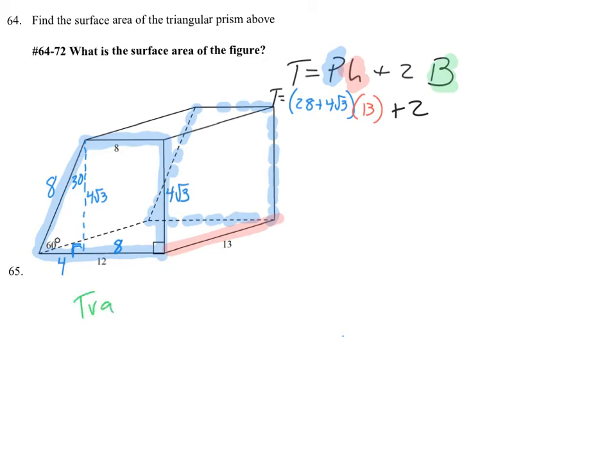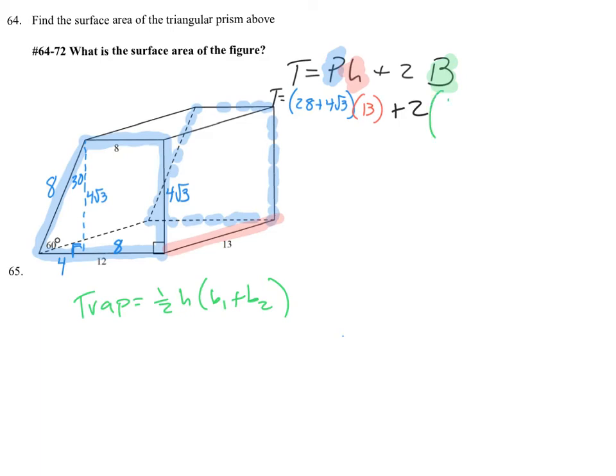So the area for a trapezoid is 1/2 height, little base 1 plus little base 2. This is the height of the trapezoid, and these bases are the 2 parallel sides. So the 8 and the 12 are parallel, so those are your base 1 and base 2.